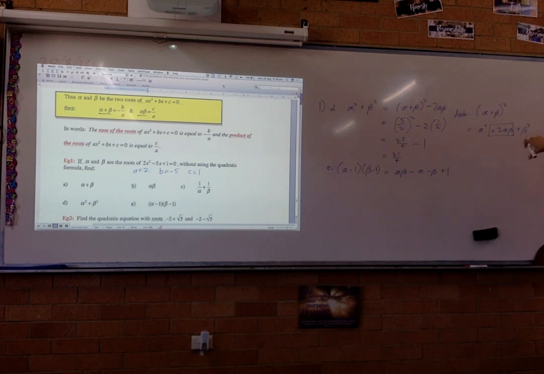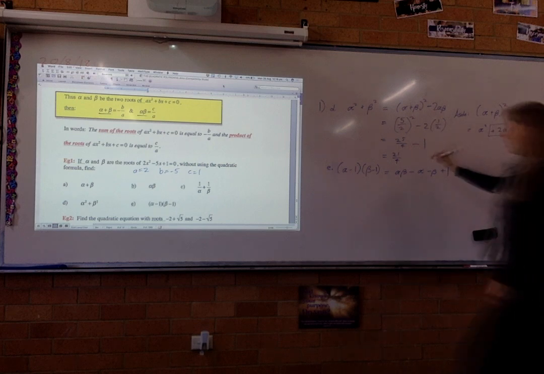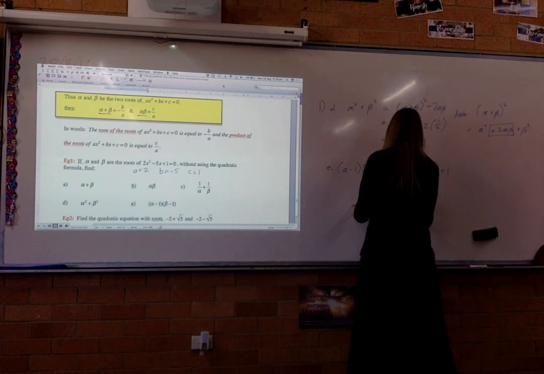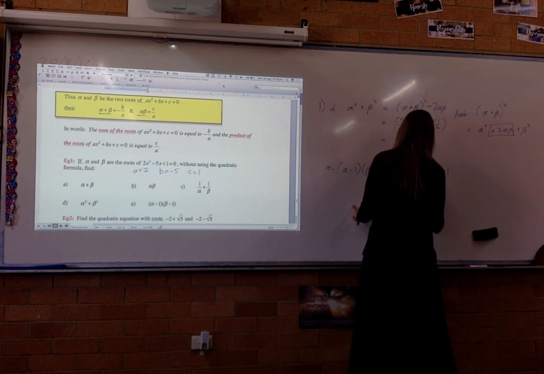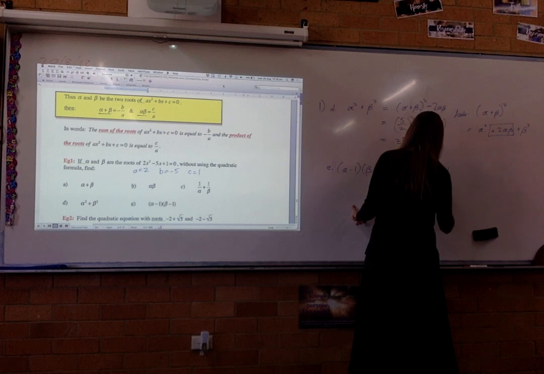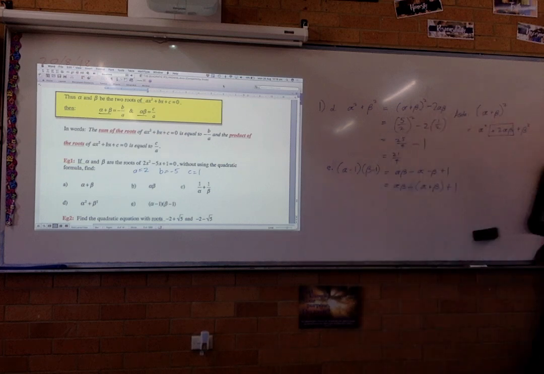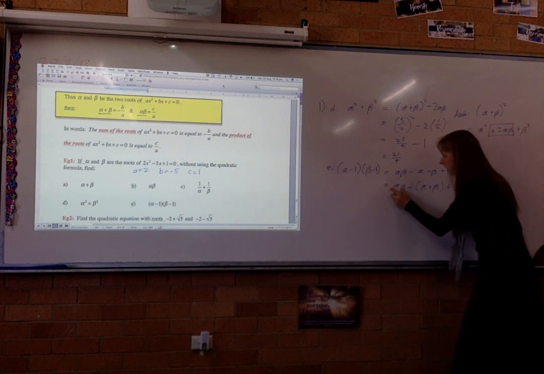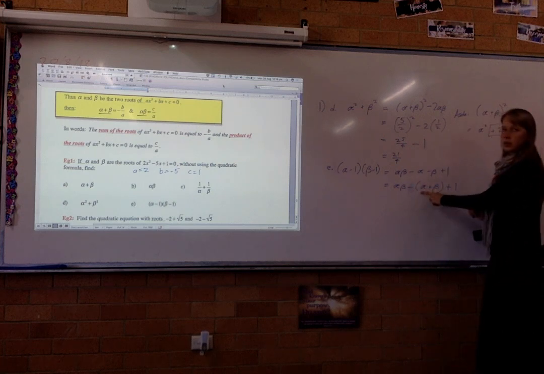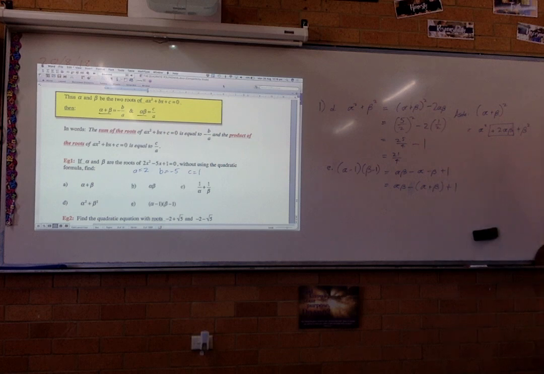Can I put this in a form of either sums or products? Yes, I could do this. Alpha beta, minus, alpha plus beta, plus 1. Now I have it in the form of a product minus the sum plus 1.